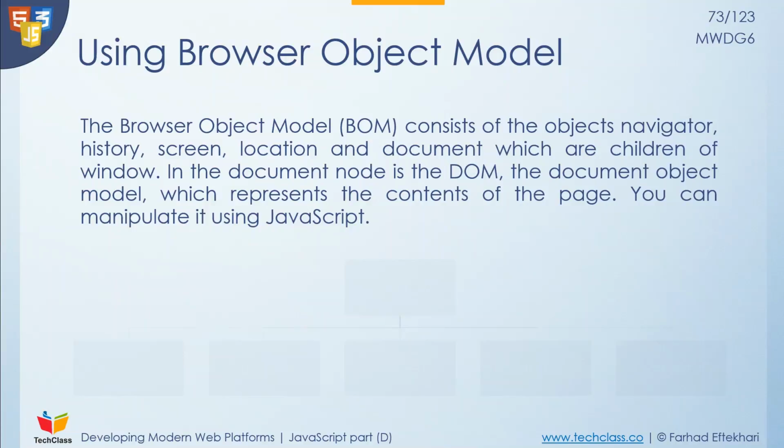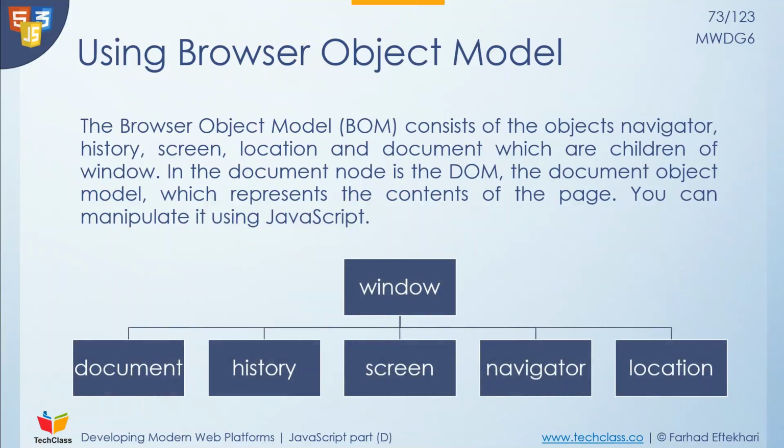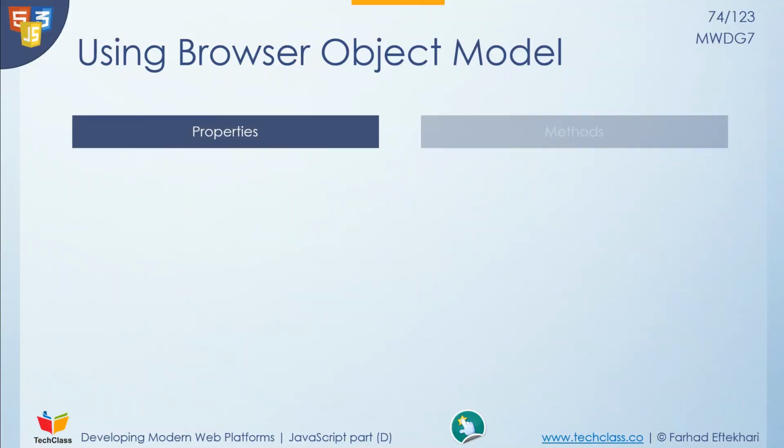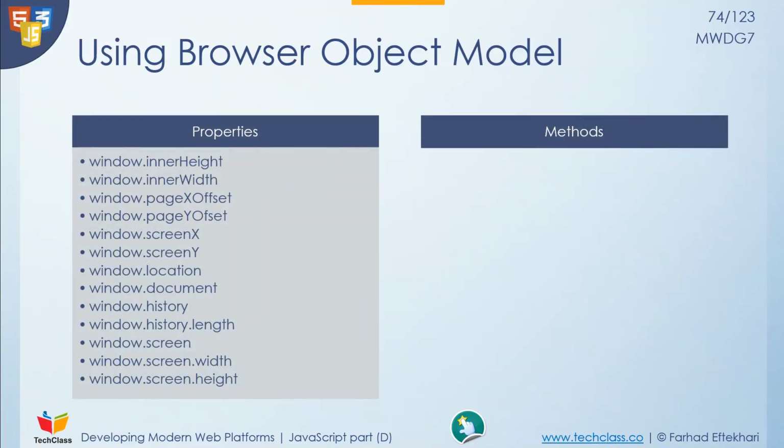Here you can see the tree view of that for the window object, and then document, history, screen, navigator, and location. The browser object model also has some properties and some methods. Here you can get familiar with them, and there are tons of examples online on how to use them, how to let JavaScript manipulate them.